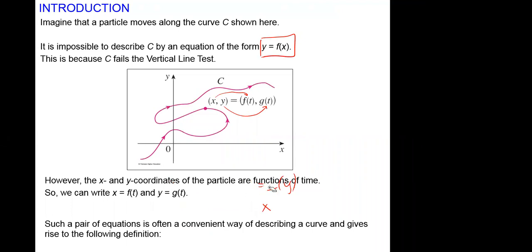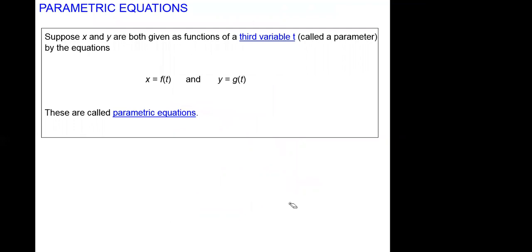I can remove my parabola because the parabola is still not a problem. And then let's see. Suppose x and y are both given as a function of a third variable, t, and we can use any letter, any variable, but usually the t represents time, the time of the position at this point.